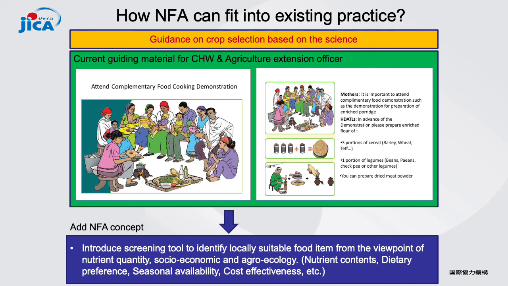Agricultural expert can guide together with community health worker what type of food item is available in the local community and what exact amount is required to satisfy the nutrition requirement for the children. That is a possible application of nutrient-focused approach in preparation of complementary feeding.